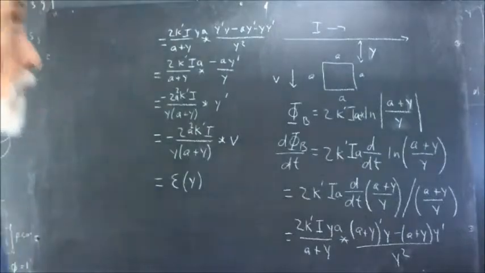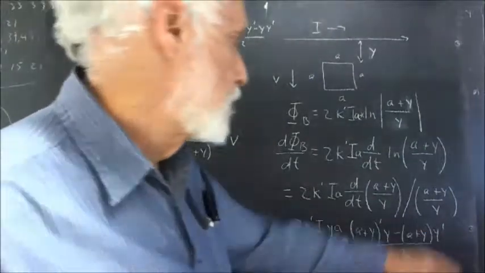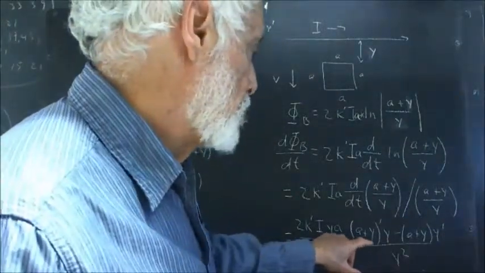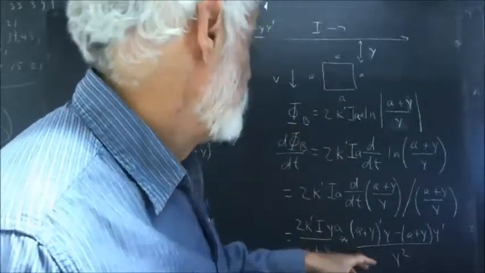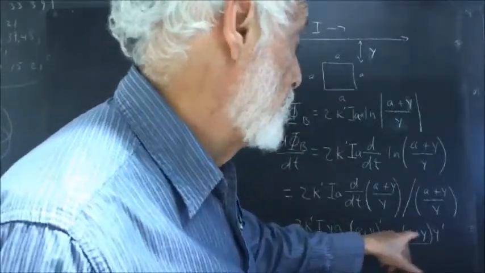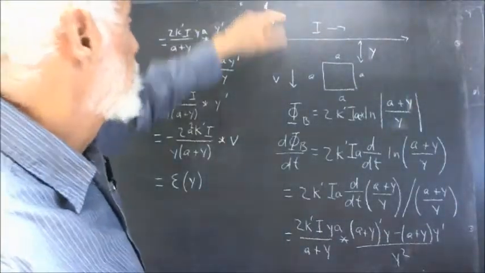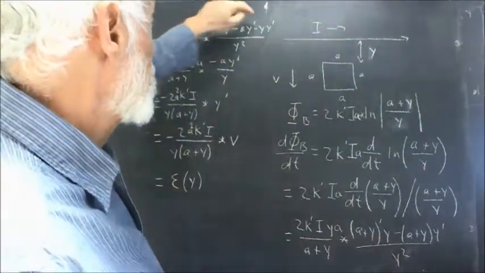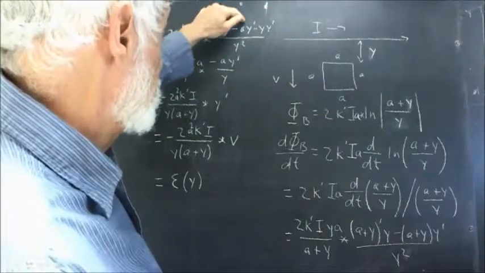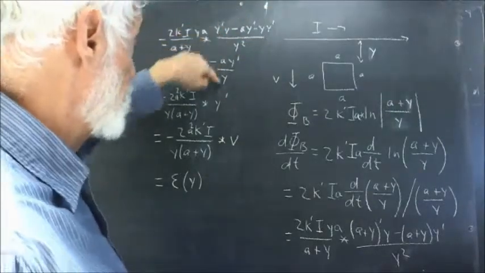Just straightforward quotient rule. When we multiply all this out, the derivative of this is just y prime, a being constant. The derivative of this is (a plus y) times y prime. Doing the arithmetic, we end up with this. The y prime y's subtract off, giving us 0, but we end up with a negative a y prime over y.